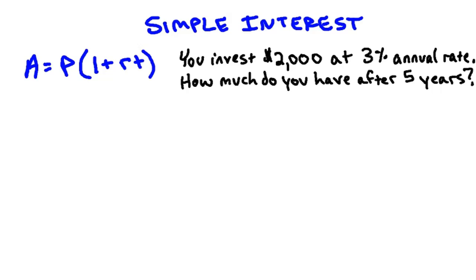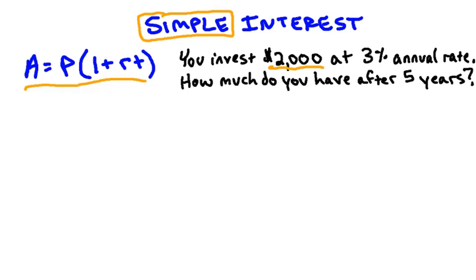So first let's go over a simple interest problem. And instead of plugging in the numbers to this formula, first I'm going to show you exactly what's going on behind the scenes with these numbers, which is what makes this formula actually work. So say you take $2,000 and you invest it into the bank, and you don't put any other money in there, you just let it ride.